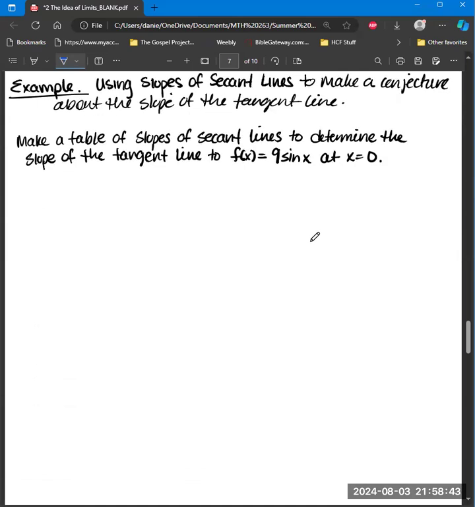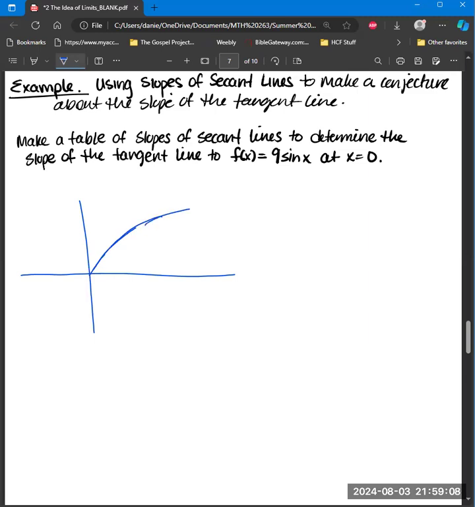Using slopes of secant lines, let's make a conjecture about the slope of the tangent line, and we'll go ahead and use that information to make a table of values here for the tangent line for f of x equals 9 sine x at x equals 0. So let's think about what sine looks like here.